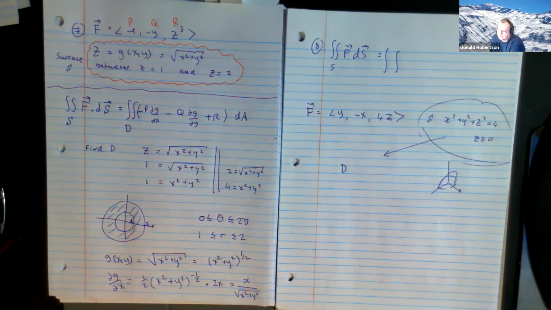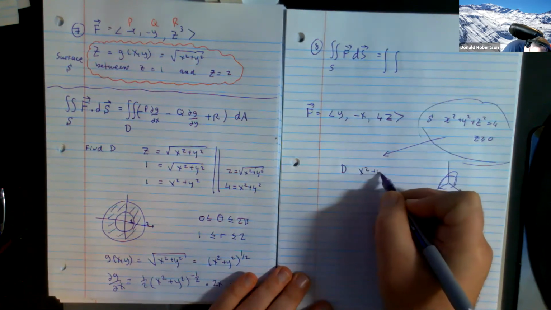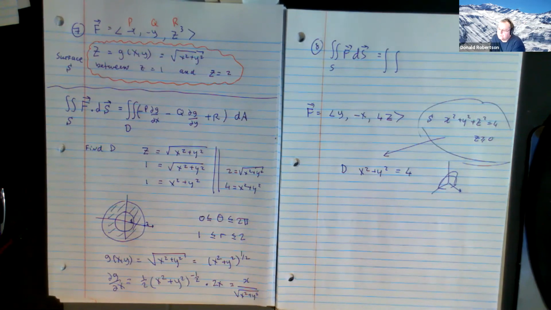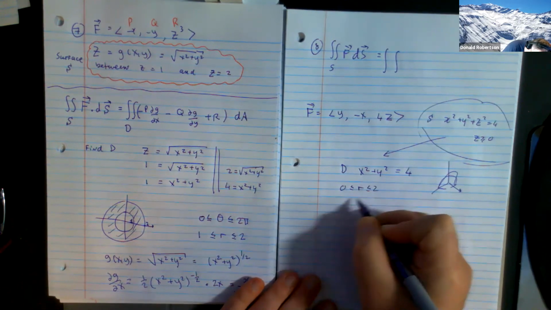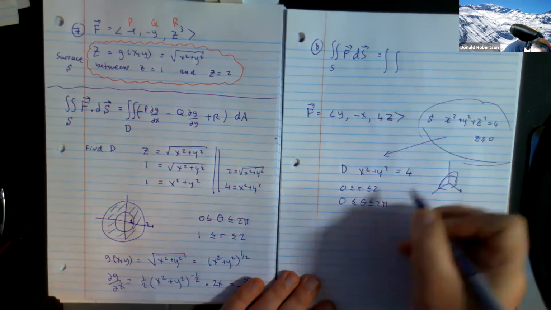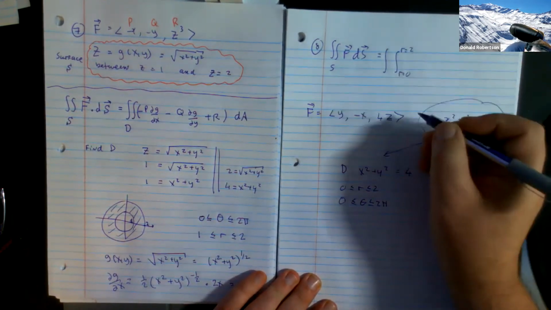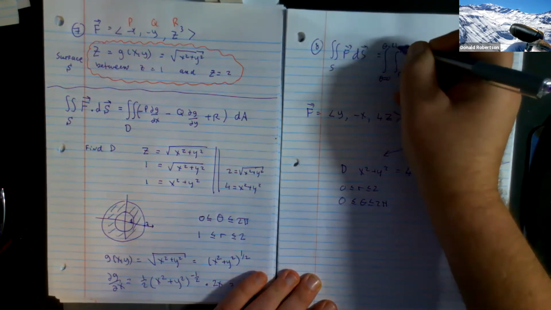That's what the XY plane is. So when I do that, do you see it ends up being a very simple circle? That tells me I'm going to go polar. So I can do r equals 0 to r equals 2, theta equals 0 to theta equals 2 pi.